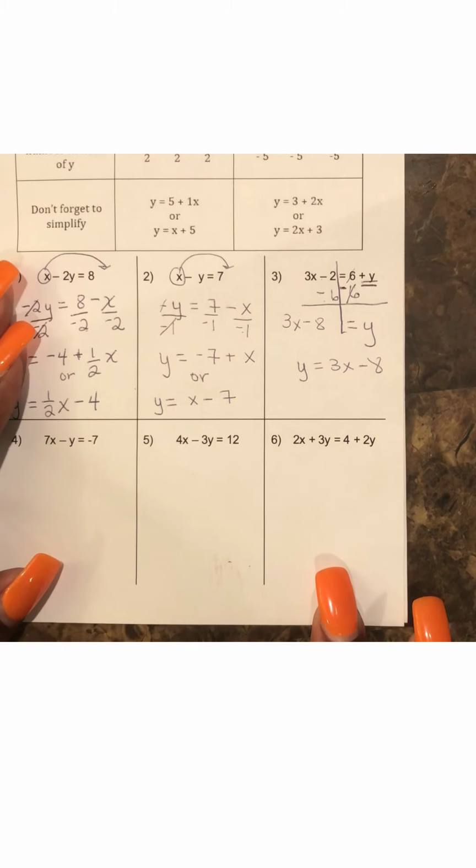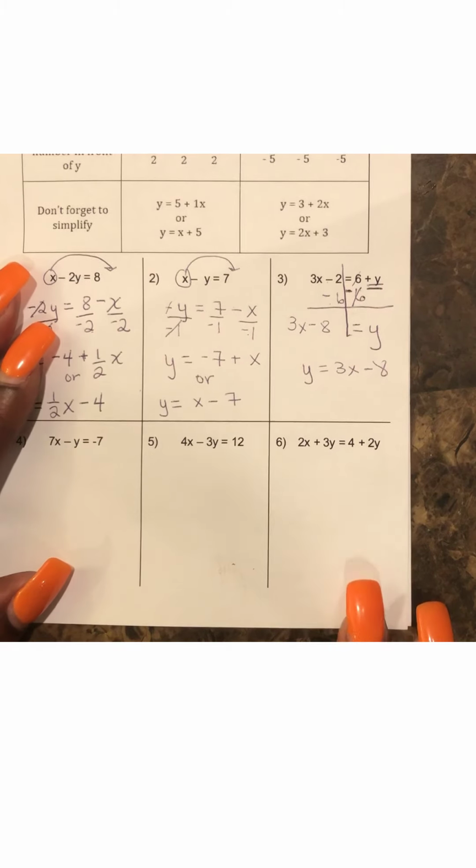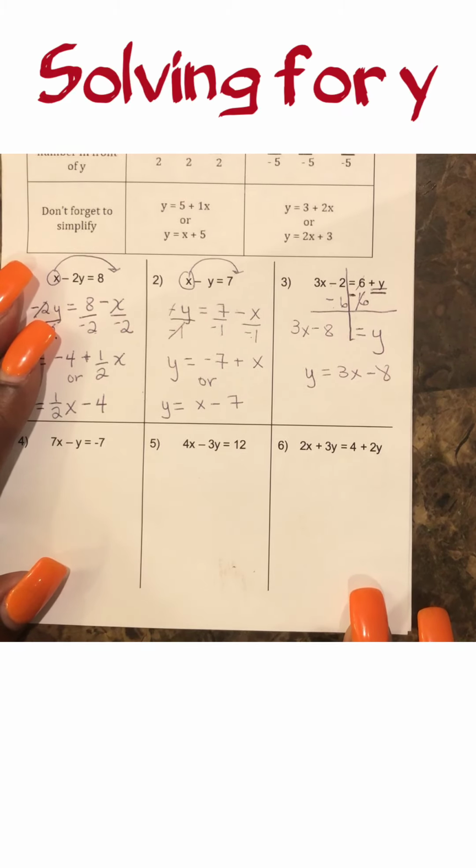All right. Now let's take a look at number 5. On number 5, we have 4x minus 3y equals 12. We could sing our jingle now to move the x. Change the sign.